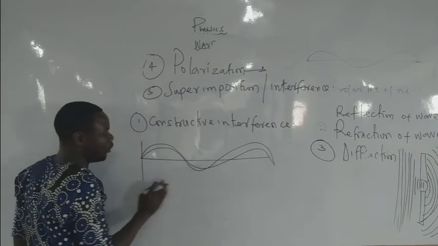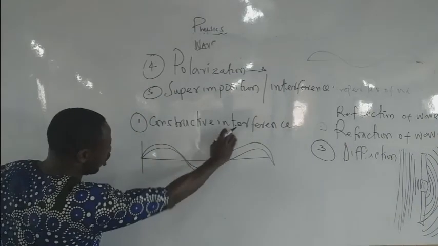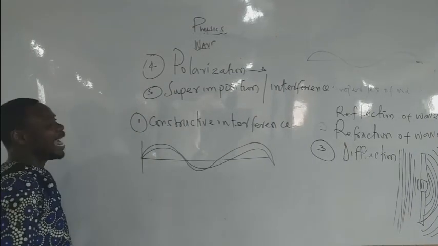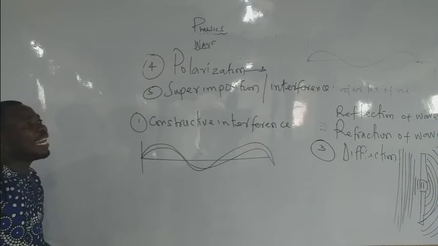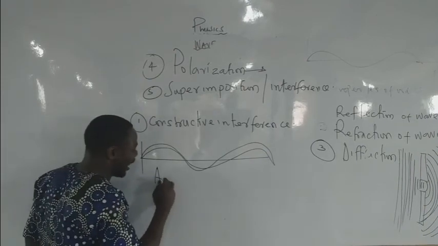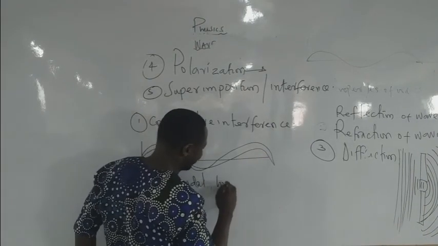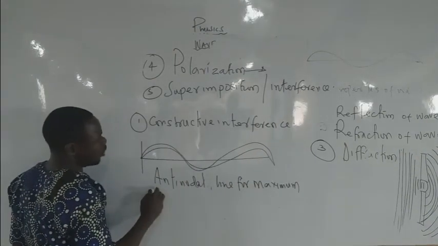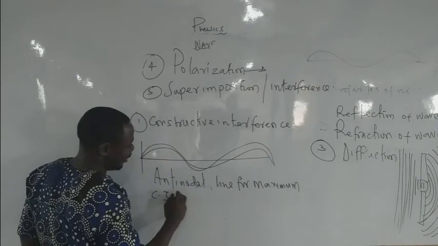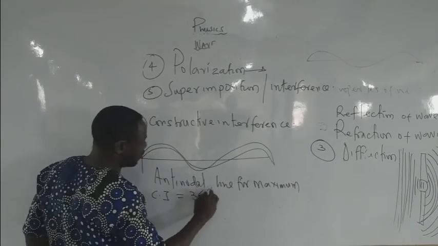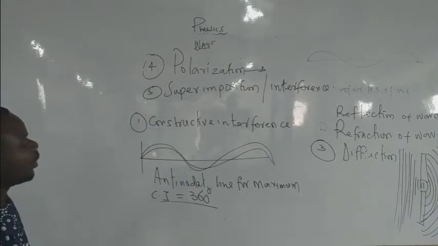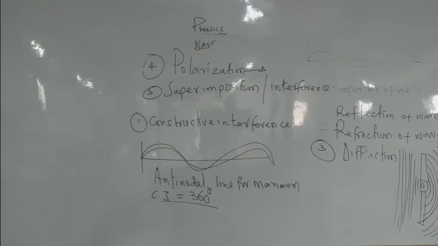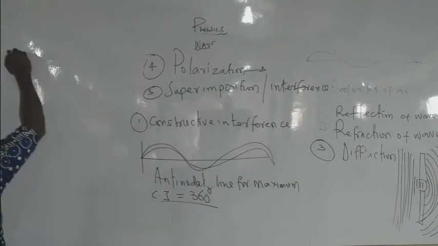This kind of wave, we call constructive interference. And the antinodal line for maximum constructive interference is equal to 360 degrees.